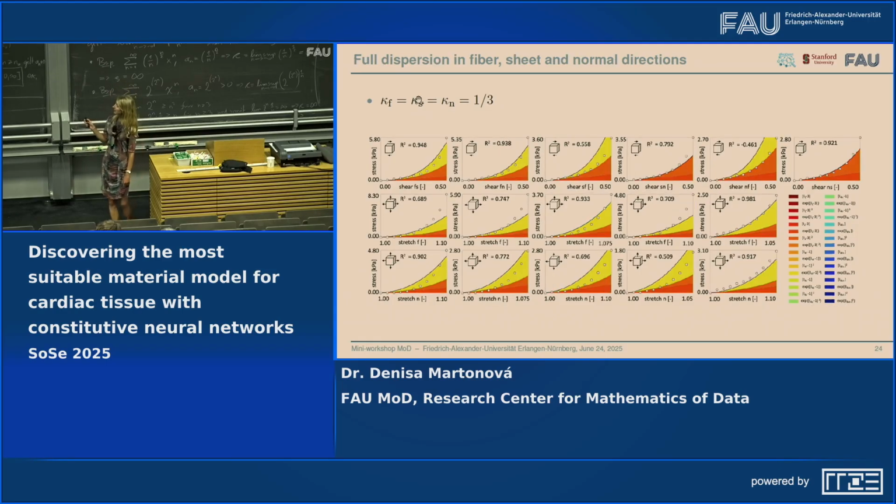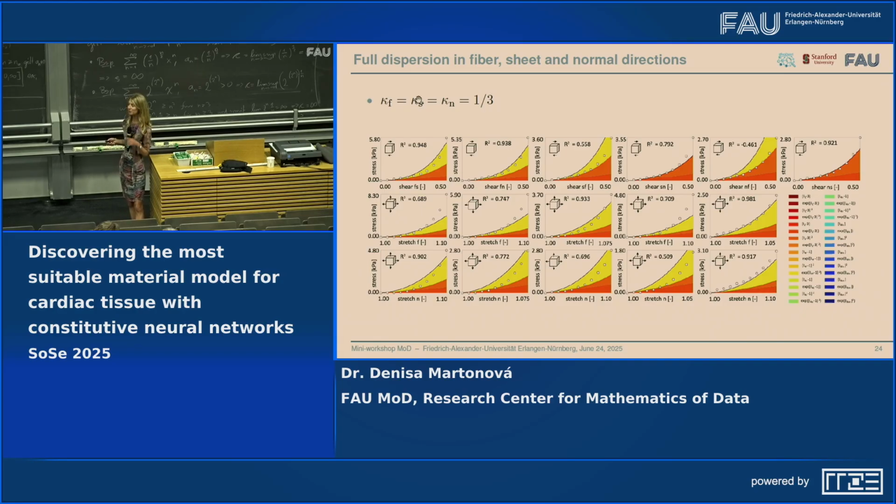Good, this is the same plot for this isotropic distribution where we set kappas to 1/3. What is interesting here, kappa 1/3 means that we have isotropic distribution. This means that, as I said, the second line is for stretch in the fiber direction, and the third line is for the stretch in the normal directions.